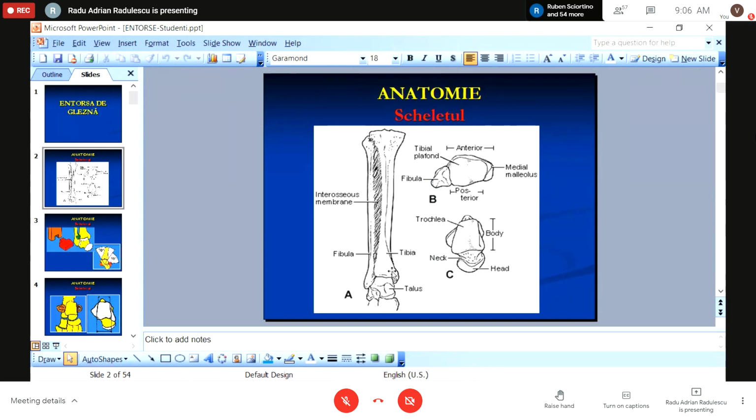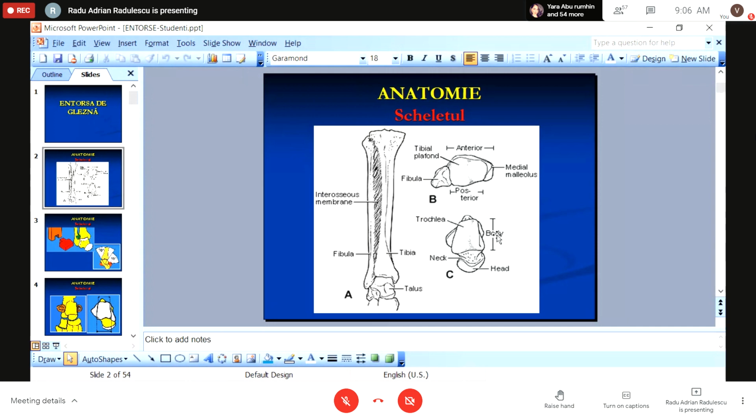And so these two bones get into contact with, as said, the trochlea of the talus. You can see on this picture here that the trochlea of the talus does not have the same size at its posterior part and at its anterior part. In other words, it's wider at the anterior part and smaller, narrower at the posterior part.